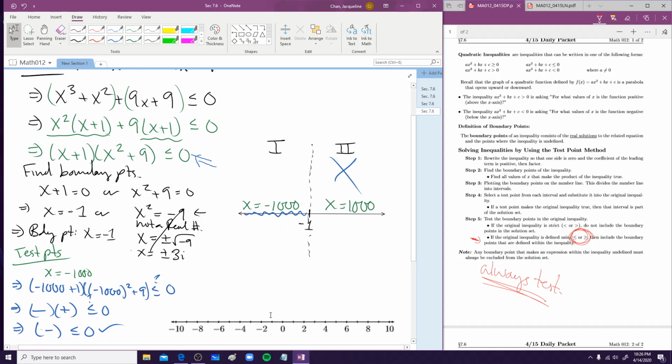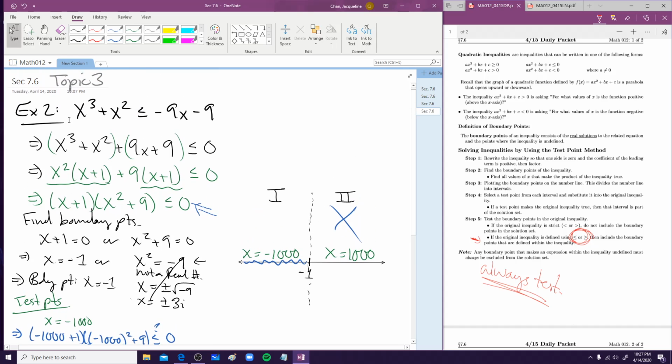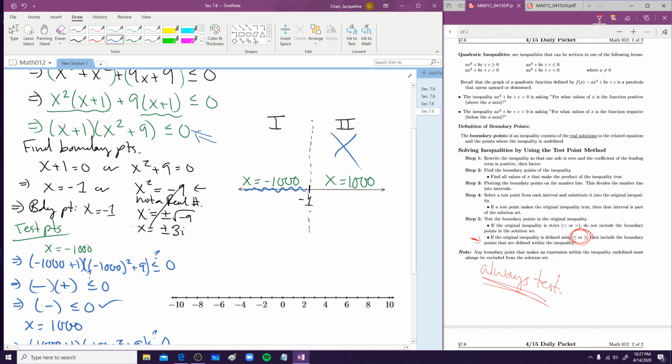If you plug in negative 1, it will satisfy. Negative 1 plus 1 is 0, and negative 1 squared is 1, 1 plus 9 is 10. So 0 times 10 is 0, and 0 is less than or equal to 0. So it is part of our solution.